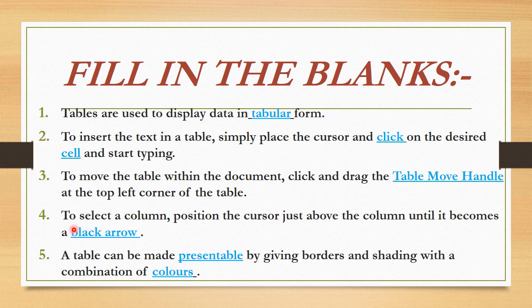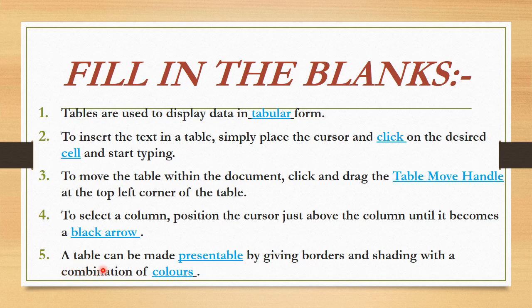Next, question number 4: to select a column, position the cursor just above the column until it becomes a dash. So, when we have to select a column, we will position the cursor just above the column until it becomes a black arrow.